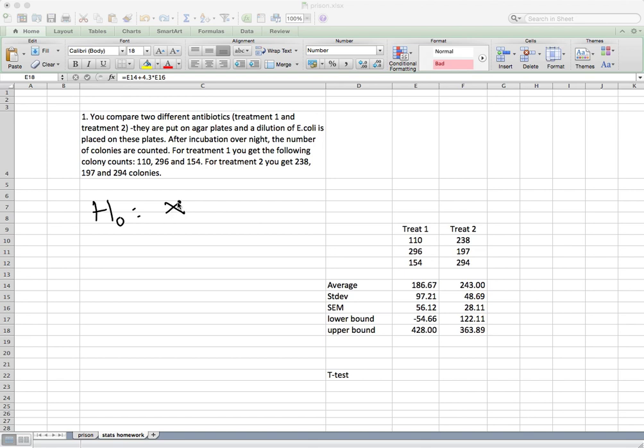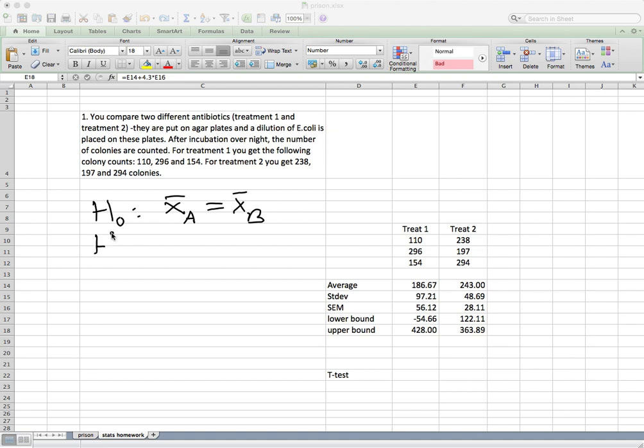So x bar A equals x bar B. There's no difference between the two data sets other than caused by sampling error.